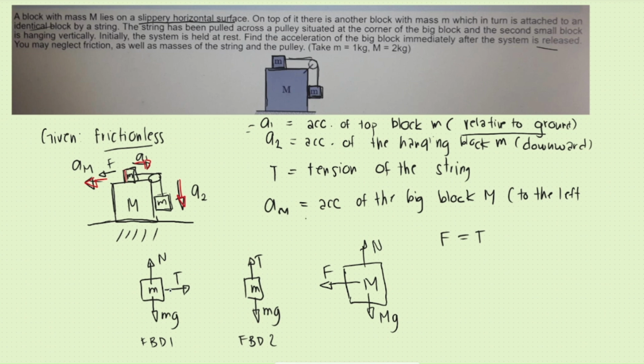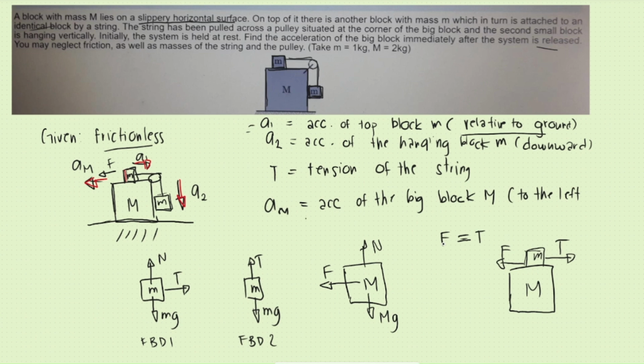So if this is your tension here, we have this big M and this small m. And if this is moving to the right, this object on top of the big M will exert a force on the M, which is opposite to T. So that's why we have F is equal to T.